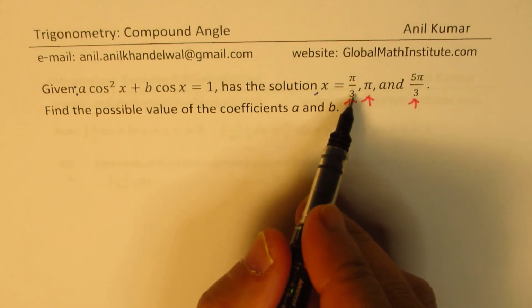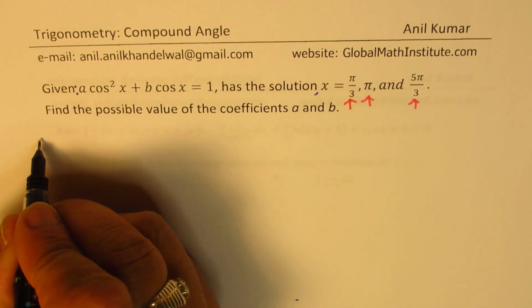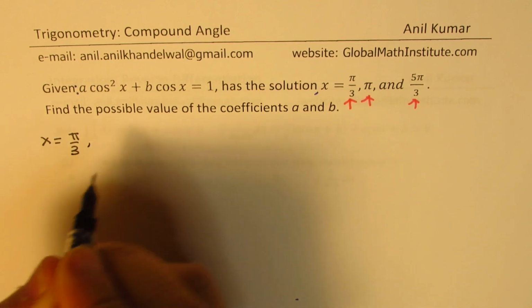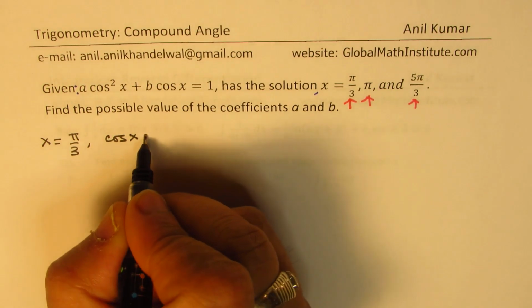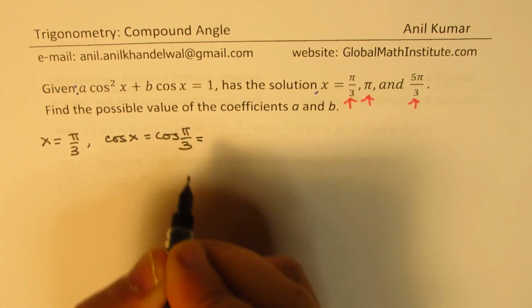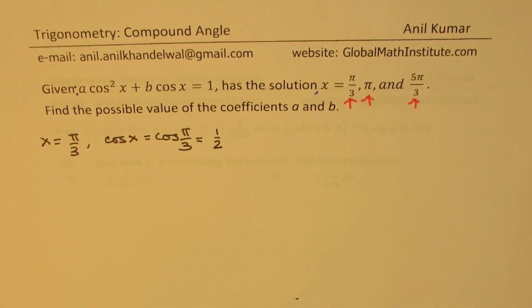So when x equals pi by 3 is a solution, let's find what is cos x, right? For x equals pi by 3, cos x will be equal to cos of pi by 3, and that is equal to half, correct? Right.